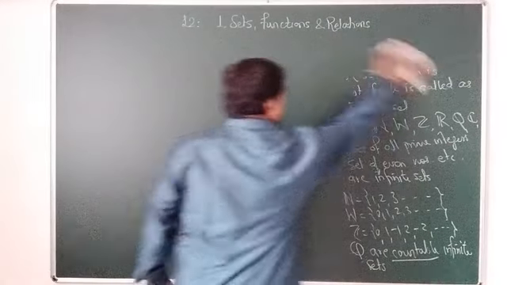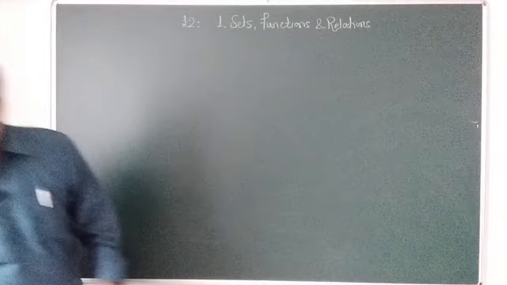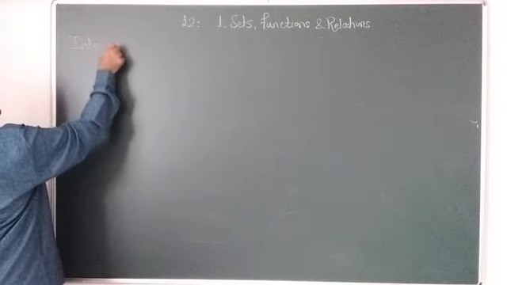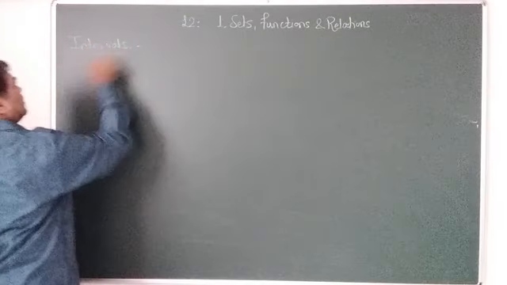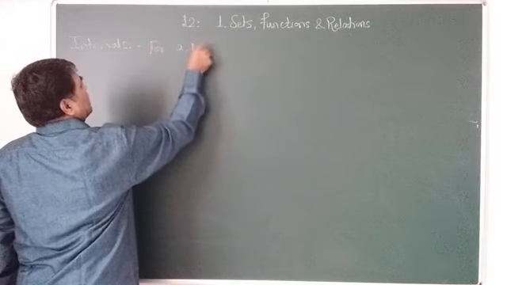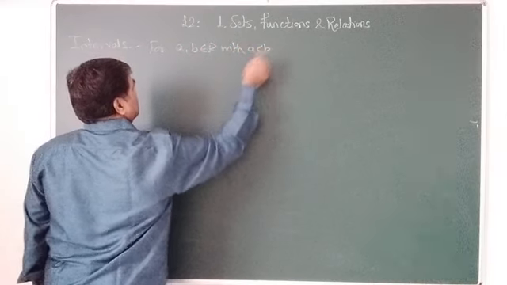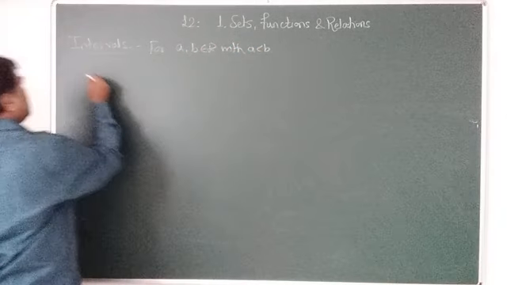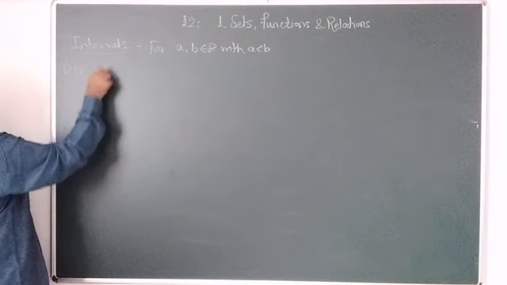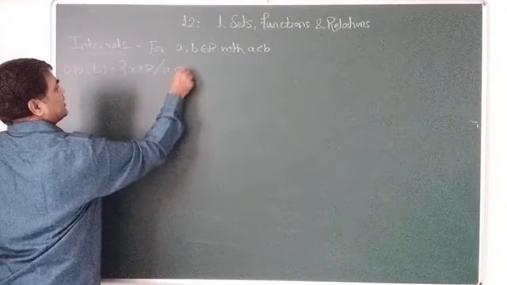For a, b belonging to R with a less than b, first, the interval (a, b) is equal to the set of x belonging to R such that a less than x less than b.